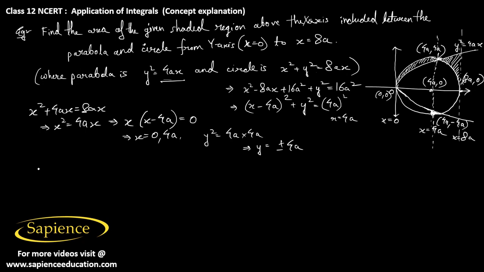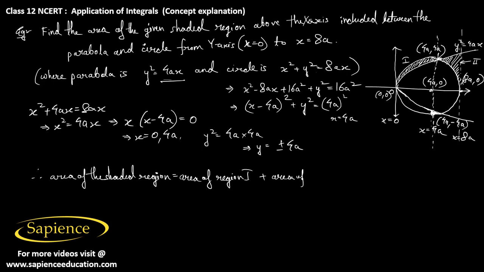So therefore here the required area of the shaded region will be equal to the area of this region. We can say it is region 1 and this is region 2. So the area of region 1 plus the area of region 2.